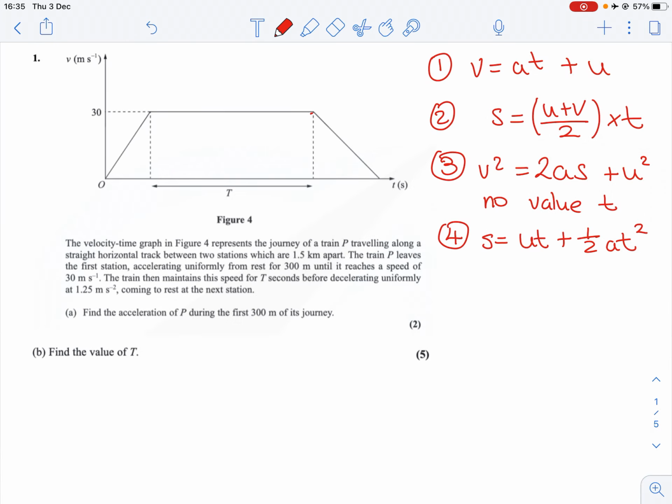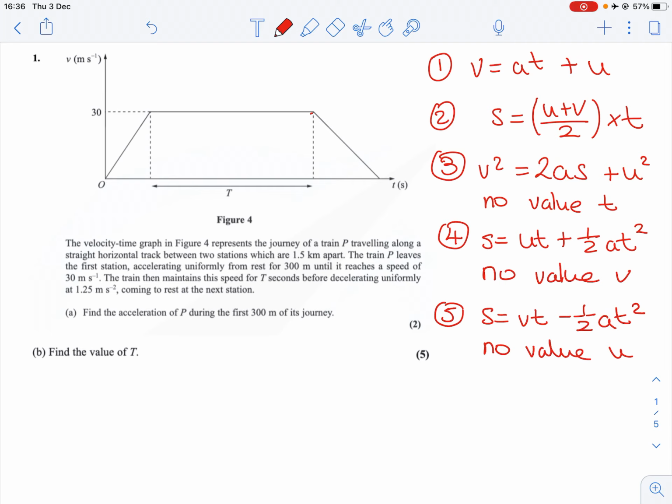We're going to use this when we have no value for v. And the last one is s equals vt minus half at squared. We're going to use this formula when we have no value for u, the initial velocity.